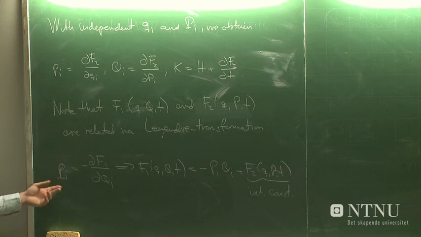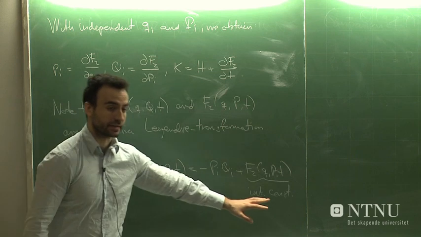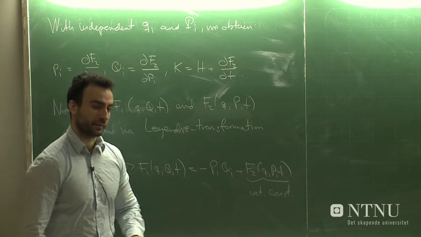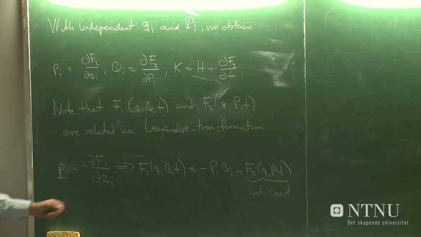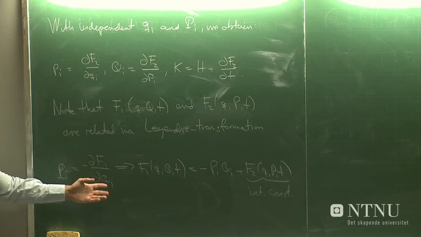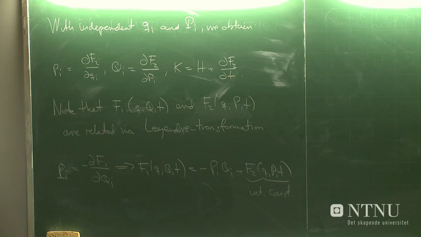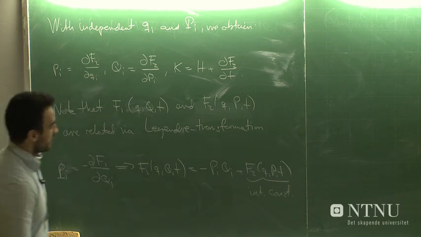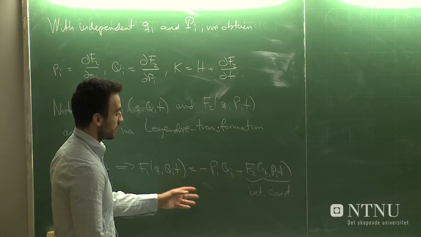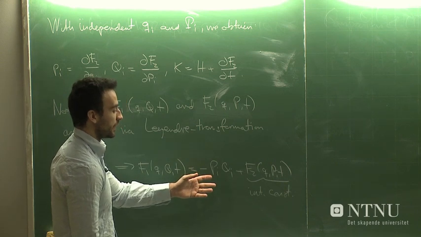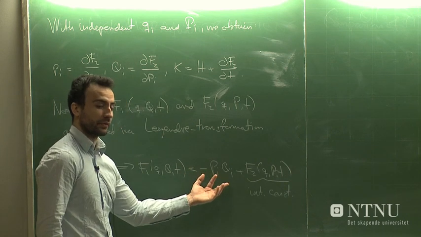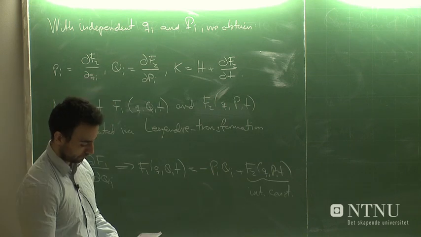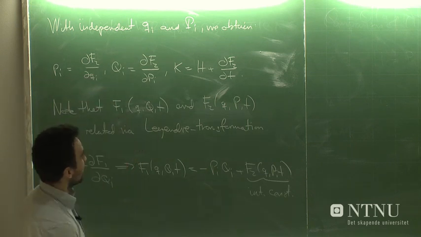So when I integrate it, I get large Q, large P, but I also get an integration constant in general, which looks like this. So it has no dependence on large Q, which means that it vanishes when I take the partial derivative. And this is precisely the Legendre transformation. They're related. Their difference is given by the product of the two variables we interchange. Okay, I think we'll take a break there.